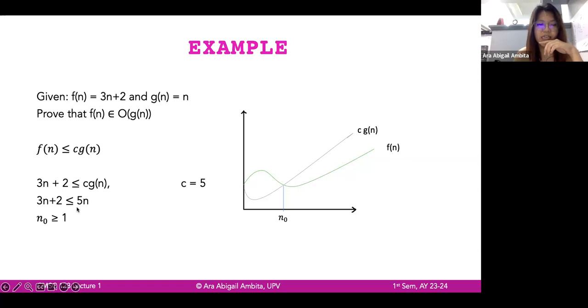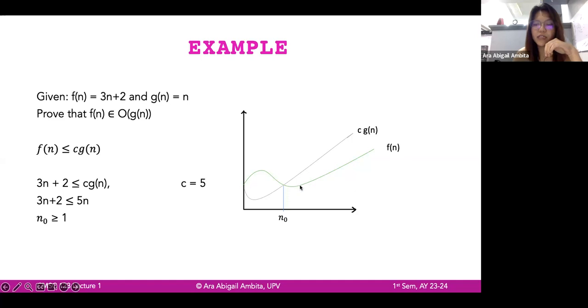So we can then say that the function f of n, 3n plus 2, is bounded by O of n, by the function g of n, given that the constant c is equal to 5 and n naught is greater than or equal to 1.